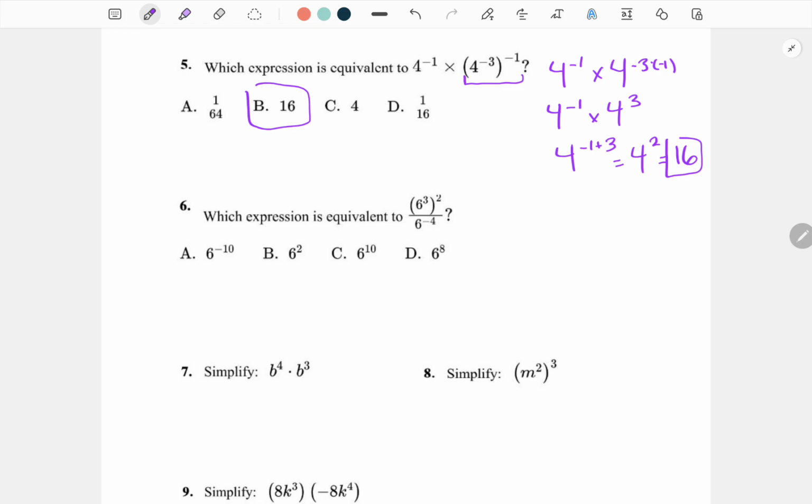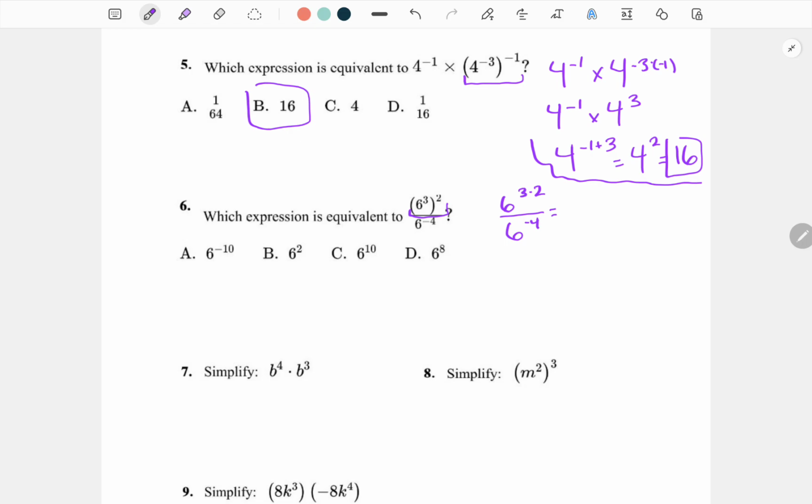All right, for number 6, again, we have 2 different things. We have a quotient and we have a power to a power. We're going to do the power to a power first. So that would be 3 times 2. Keep this down here the same. Let's separate this.